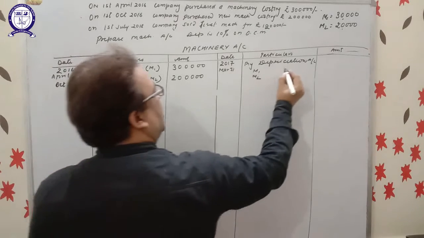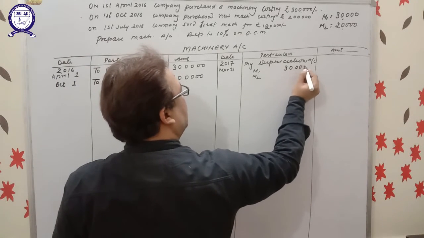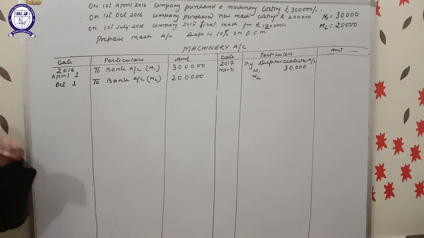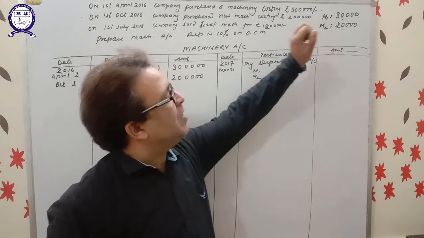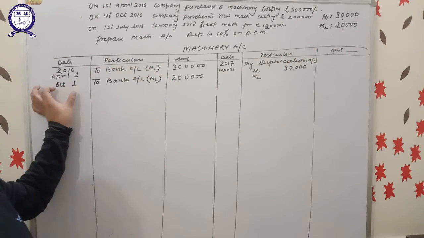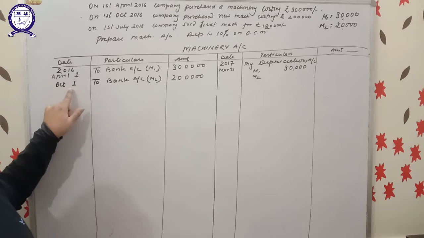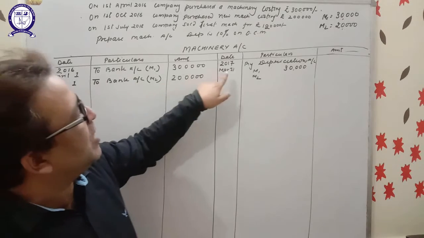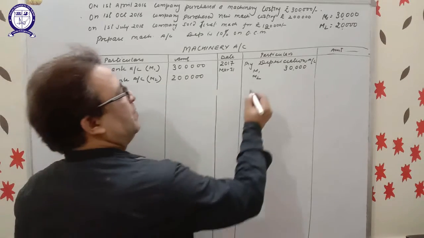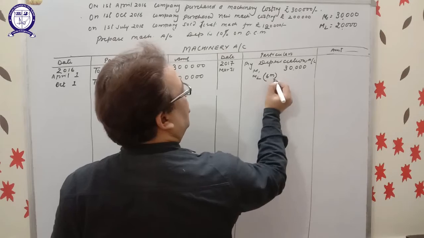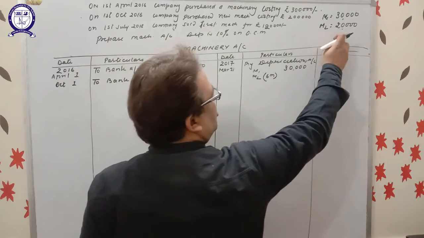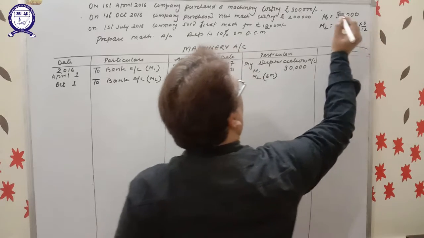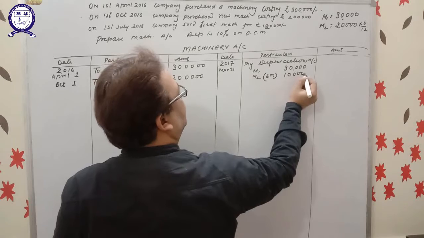But because we have purchased it in the middle of the year, on 1st October, depreciation will be charged from 1st October to 31st March, that is for 6 months only. So 20,000 for the full year; for 6 months it will be 6 by 12 of 20,000, that is 10,000.